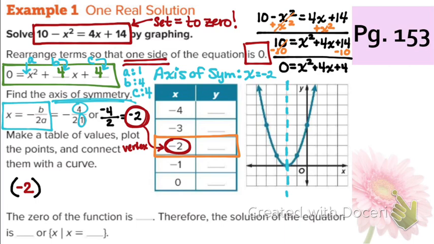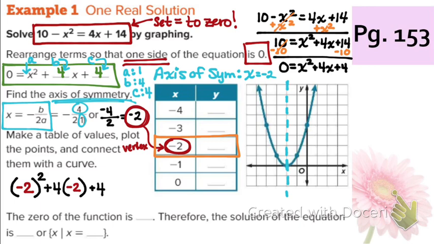Squaring it. So I have negative 2 inside parentheses and then squared. Plus what? Plus 4, and then we have another x. So I'm going to do another set of parentheses with negative 2 inside that. Everywhere we see an x, we're going to replace it with negative 2. Plus 4.